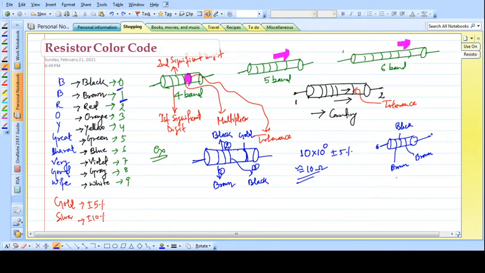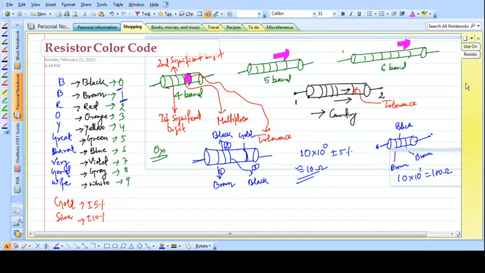So if brown, we again start with 1, 0, and 10 to the power, brown is 1, so 100 ohm resistance. So brown, black, brown, 100 ohm resistance. This is one of the simplest ones. First we have to know the first significant digit, second significant digit, then the multiplier. For black it is 10 to the power 0, so 10 ohm resistance, and 100 ohm resistance.